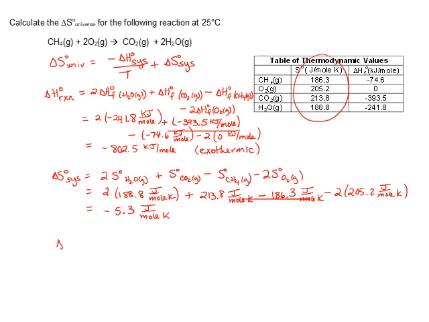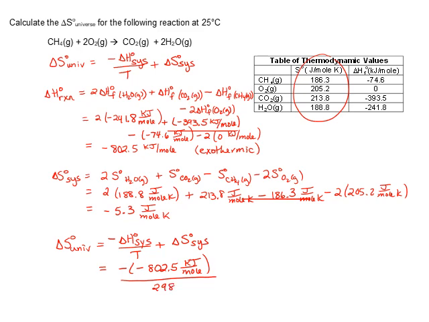Putting these together to get the entropy change for the universe, notice that our units for the enthalpy change were given in kilojoules per mole, whereas the units for entropy are usually joules per mole Kelvin.